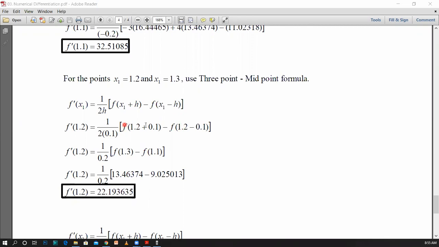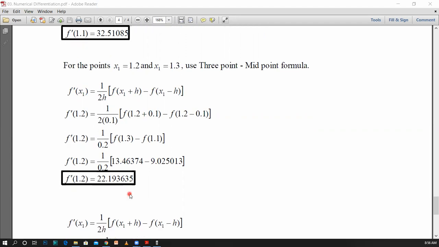Once you perform the calculation using appropriate substitution, you get f(1.3) minus f(1.1), and you can refer to the table to obtain these function values. Then once you perform this calculation, you can easily obtain the value for the derivative of the function at 1.2. The calculation gives you the value as 22.193635.